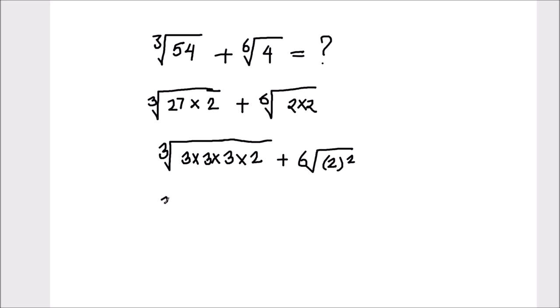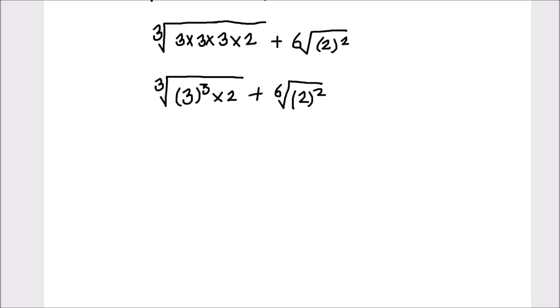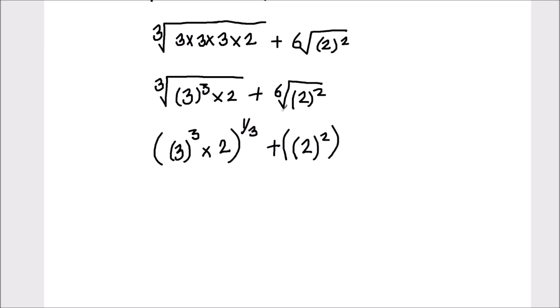Now, this can be written as cube root of 3 cube times 2 plus sixth root of 2 square, or we can write it as 3 cube times 2 whole raised to power 1 by 3, and sixth root of 2 square can be written as 2 square whole to the power 1 by 6.